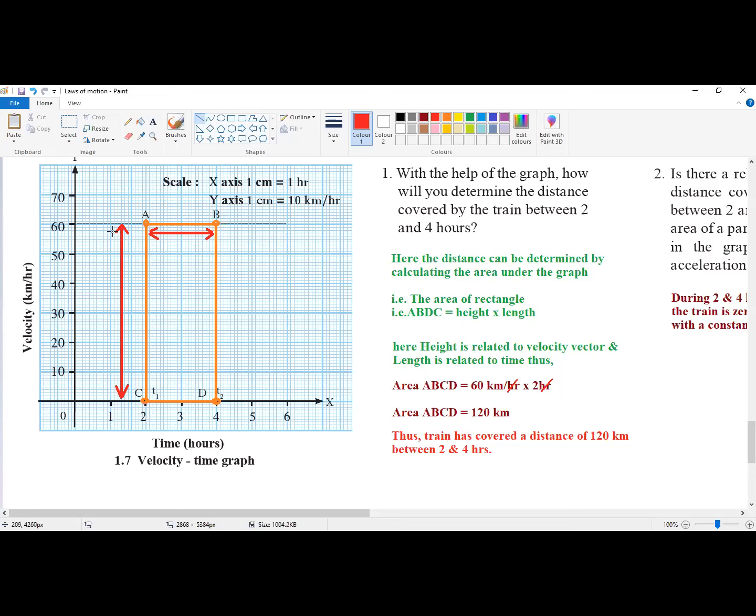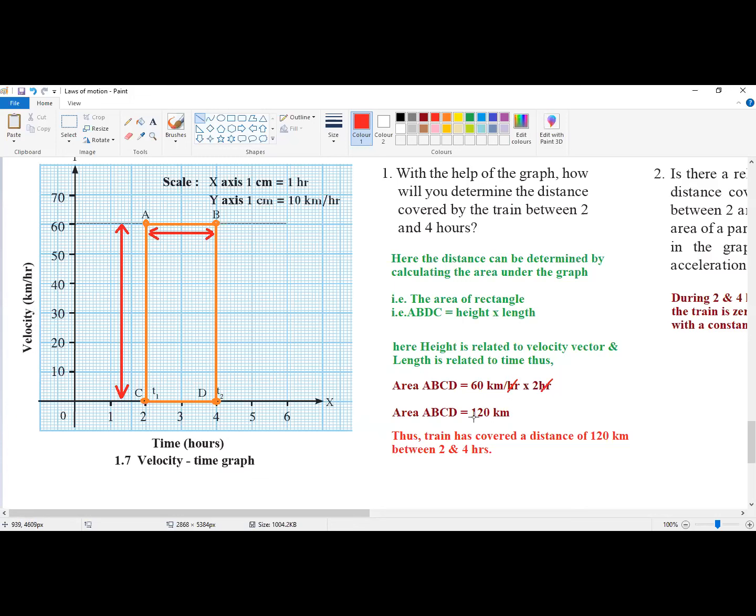So height is equivalent to the velocity of 60 km per hour. That's what we have written. So area ABCD is equal to height into length. Height is related to the velocity vector, which is 60 km per hour.